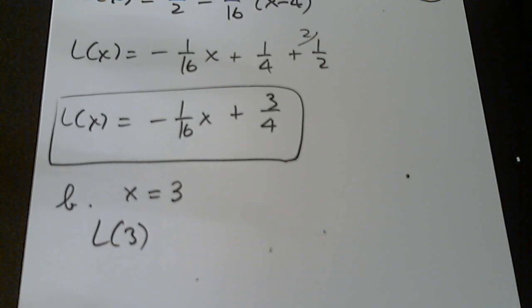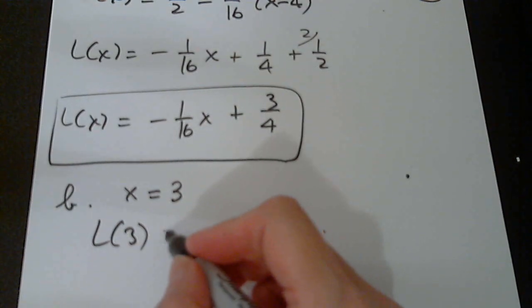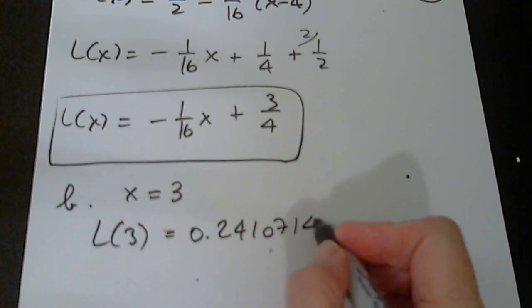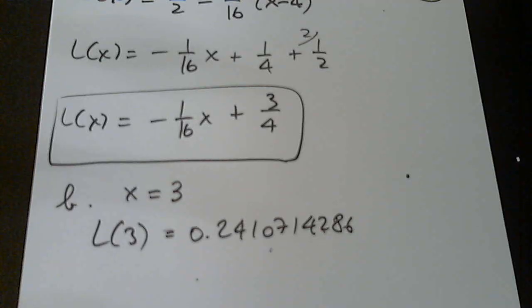So I have negative 1 over 16 multiplied by 3 and plus 3/4. And I got 0.241071428, and I'm pretty sure they want us to determine this now.